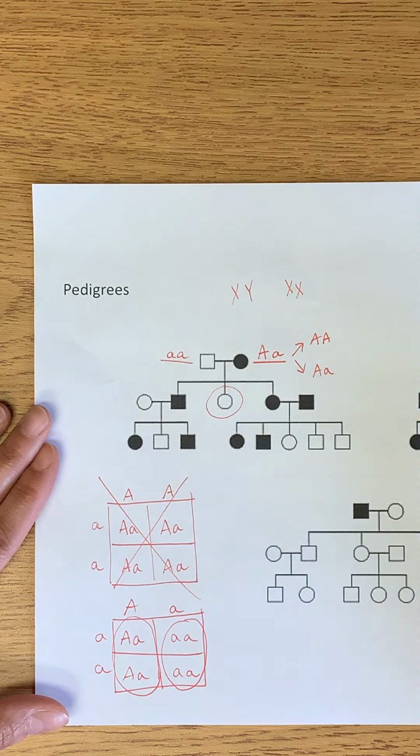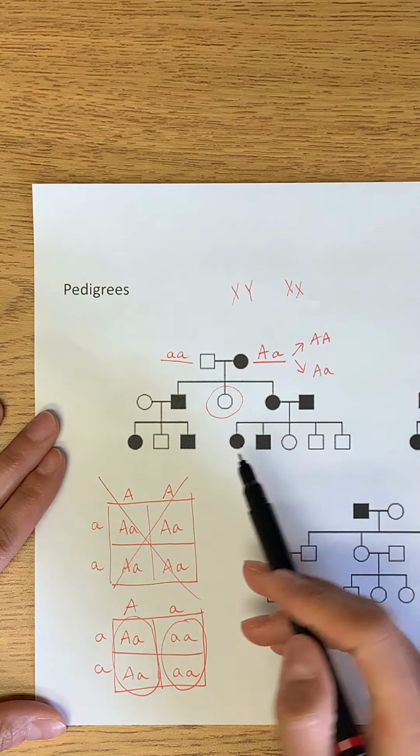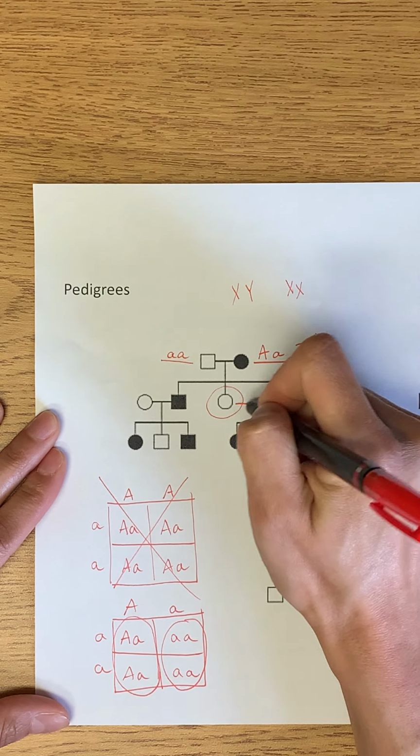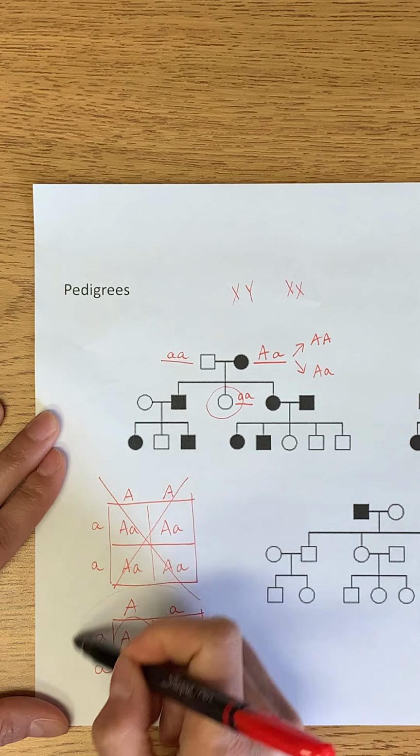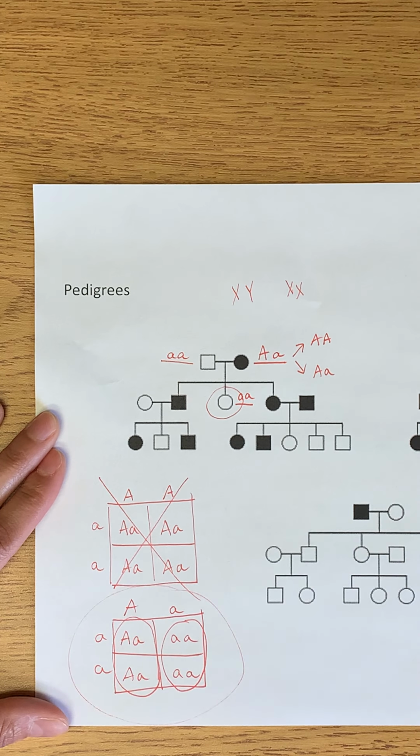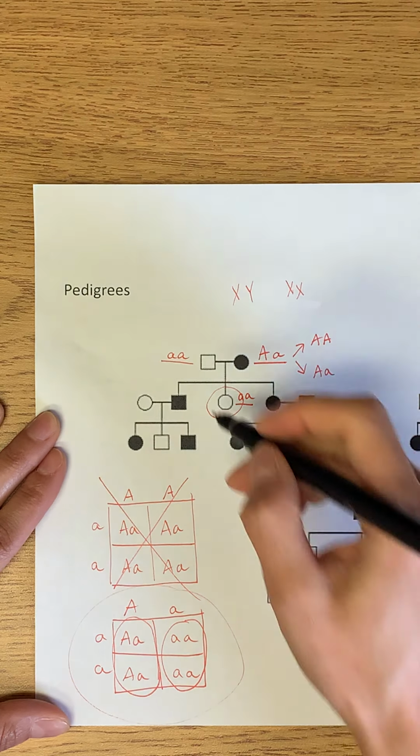Now moving on to the next generation, we know we have an unaffected daughter. She's got to be little a, little a, just like dad. And we know based on our correct cross that that's possible. Based on this cross, we also know that the other 2 affected kids both have to be heterozygotes.